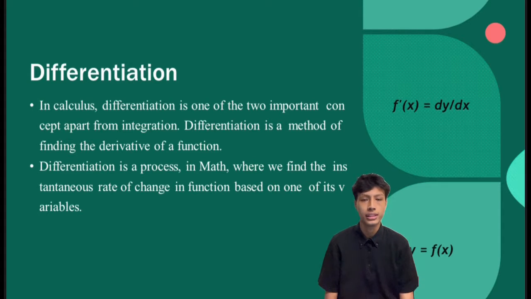This is the general expression of the derivative of a function and its representation is f prime x equals dy over dx, where y equals f of x is any function.